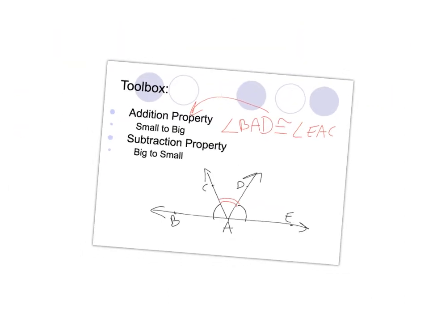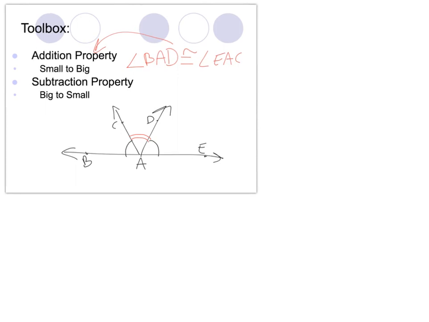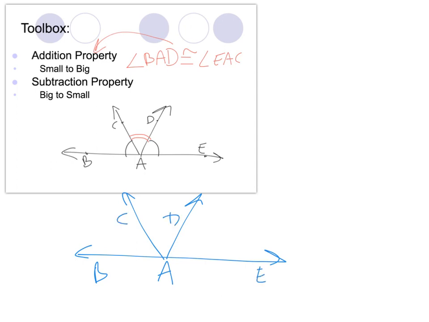I'm going to draw a similar diagram. Let me make that a little smaller here. All right. So let's say I've got the same type of diagram, and I'll even label it all the same. Okay, so we've got B, and we've got A right here, C, D, and E. Okay, that's D. Perfect.